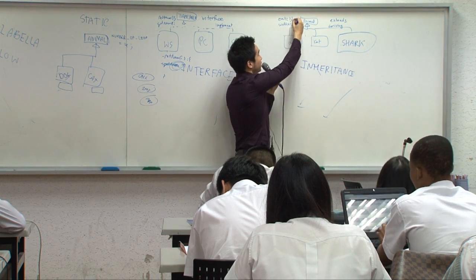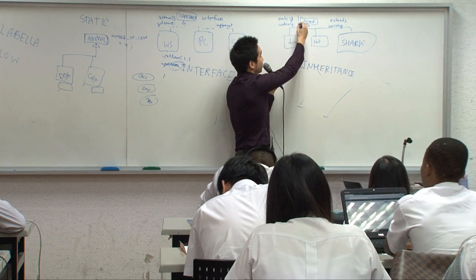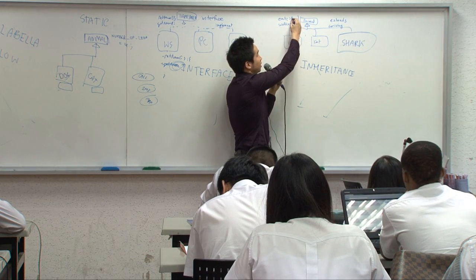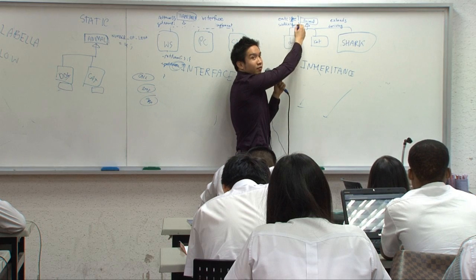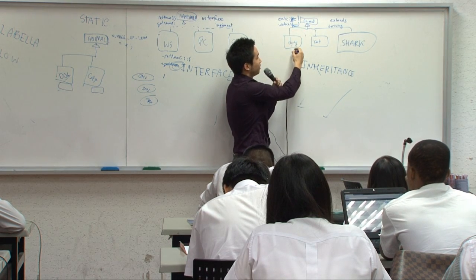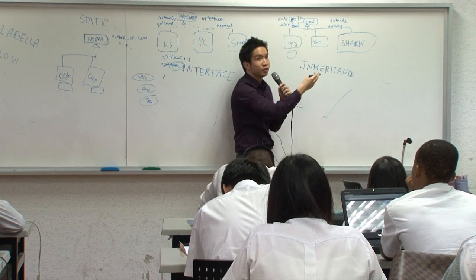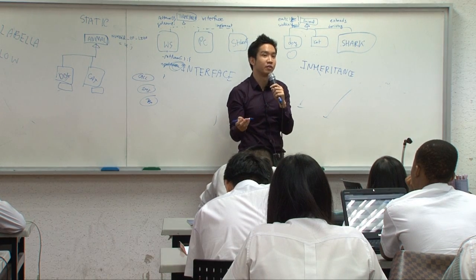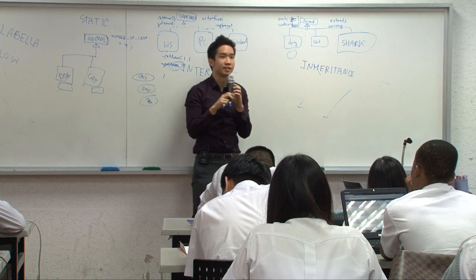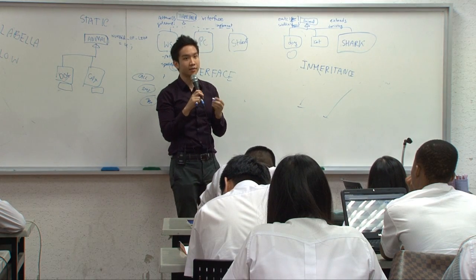And these methods, unless they're pure methods, will have implementation right in here. The dog, cat, and shark do not have to implement those methods. That's one of the main differences.